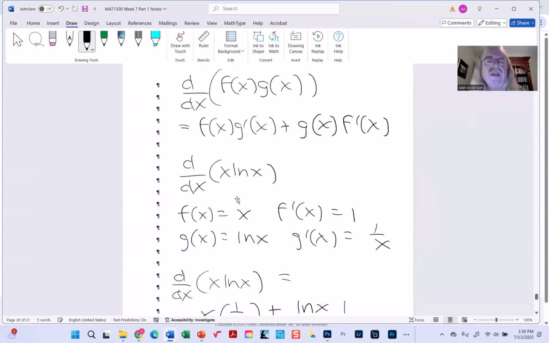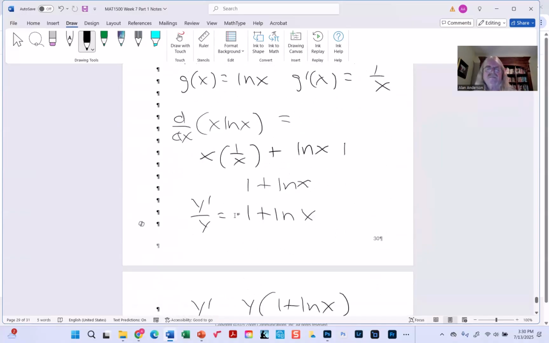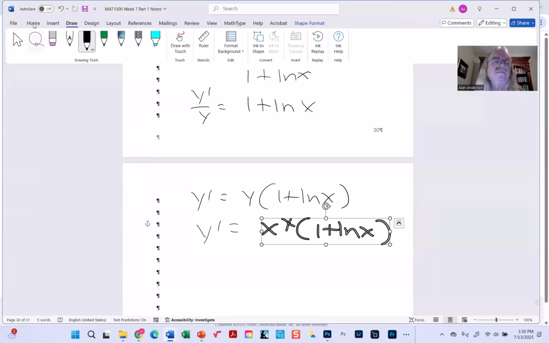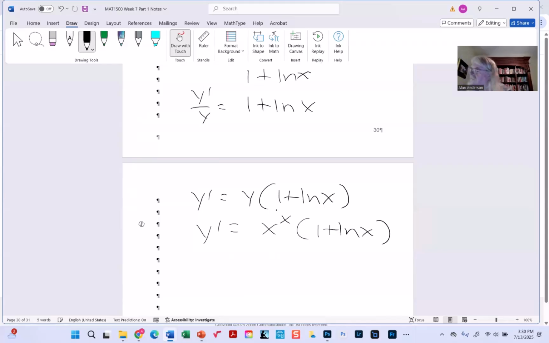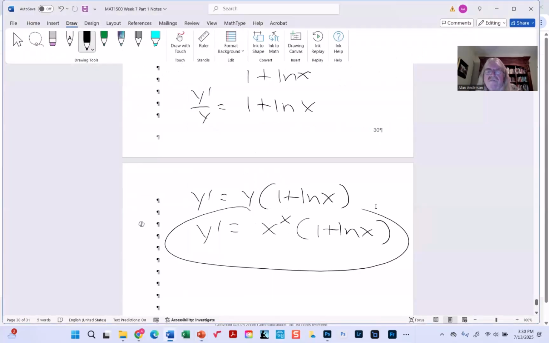And then y equals, originally y was defined as x to the x. So I don't think there's any way to simplify this. All right, x to the x times 1 plus log x. Beautiful.